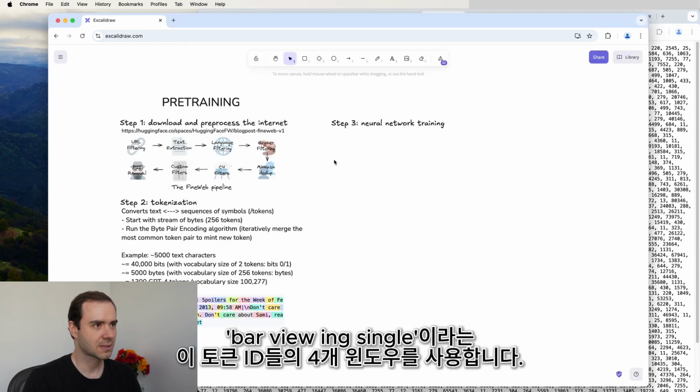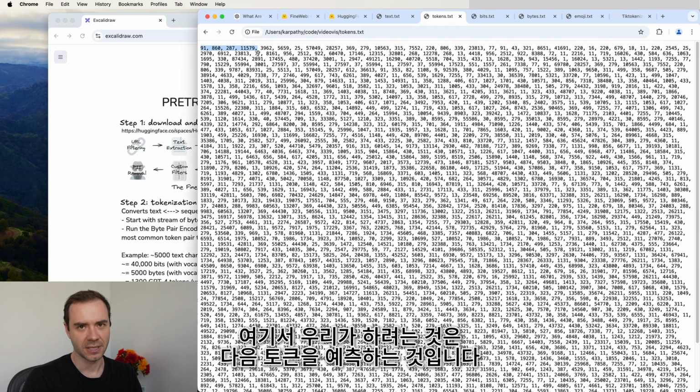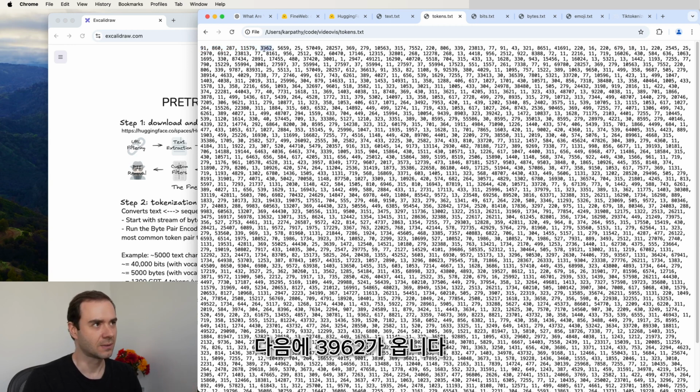We're going to take a window of 4 tokens, this bar, view, ing, and space single, which are these token IDs. And now what we're trying to do is predict the token that comes next in the sequence. So 3962 comes next, right?